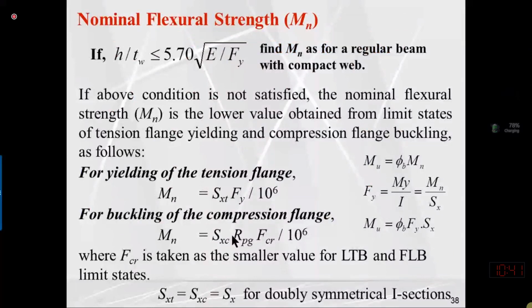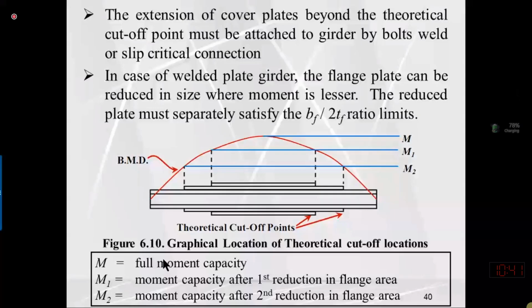Then I further explained that we always determine this section, the flange dimension and the web dimension, based upon the maximum bending moment, which is produced at the central portion. So we can economize our beam section along the length for different bending moments.